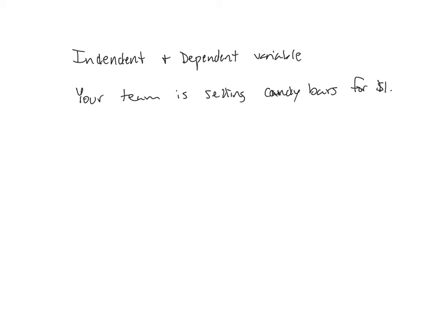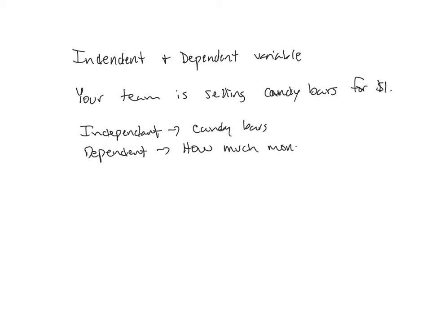For $1. So in just this basic scenario, the independent variable would be the candy bars. And the dependent variable, even though it's not listed in here, if you think about the situation, is how much money you make.